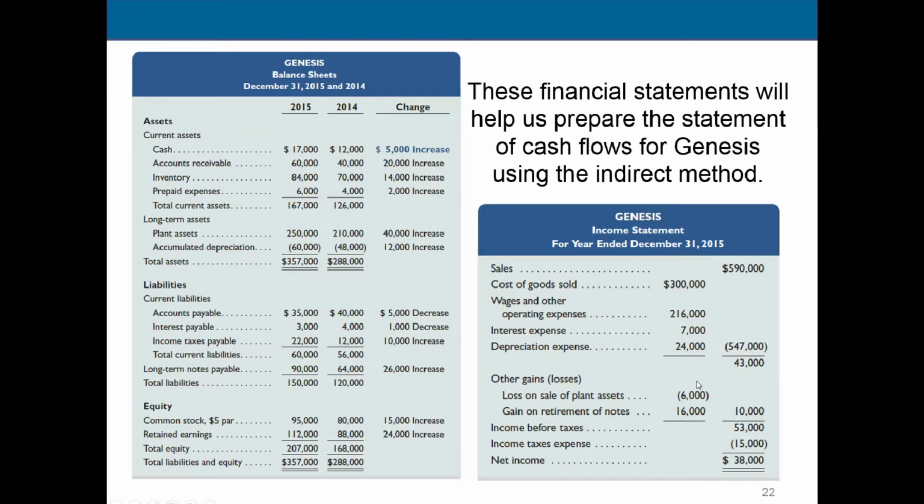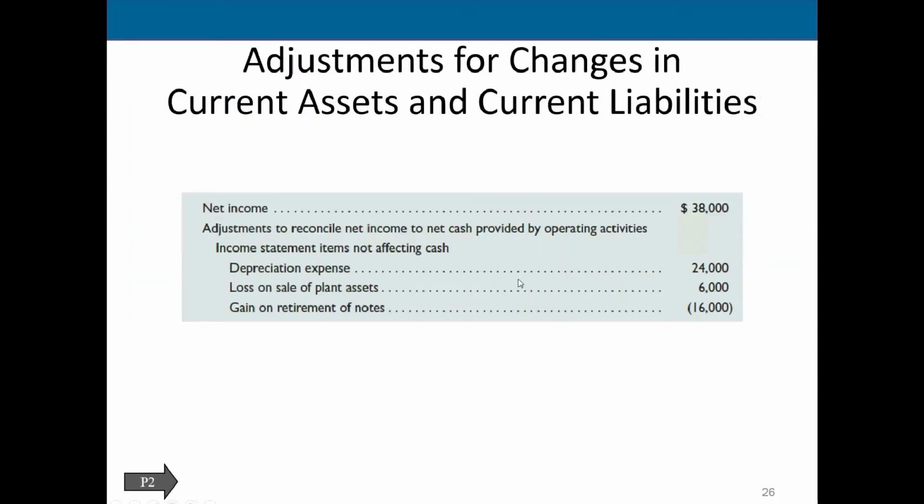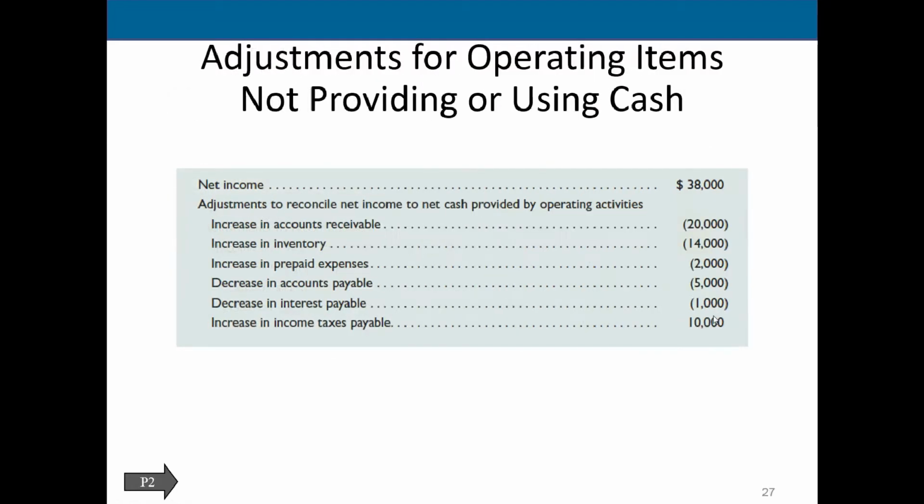These are arbitrary numbers dealing with your book value, right? Not only that, but the sale of plant assets is an investing activity. And the gain on retirement of notes is probably going to be more like a financing activity. They're not operating activities at all, so we need to take them out of that section. All right? So we end up adding back our depreciation, adding back our loss, and taking away our gain.